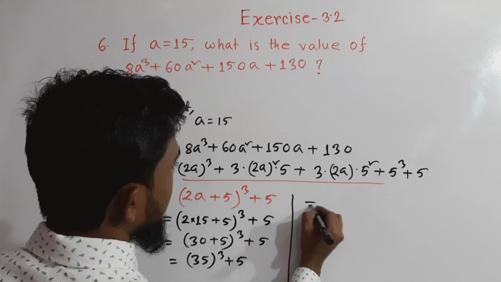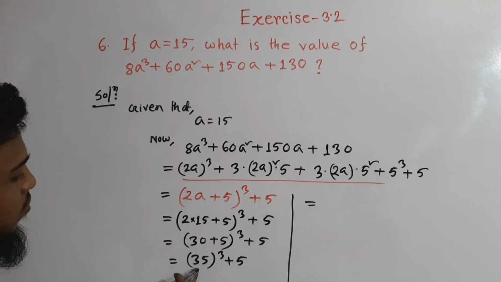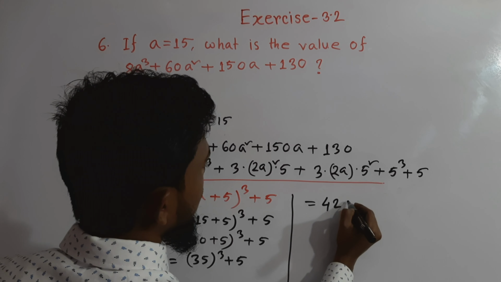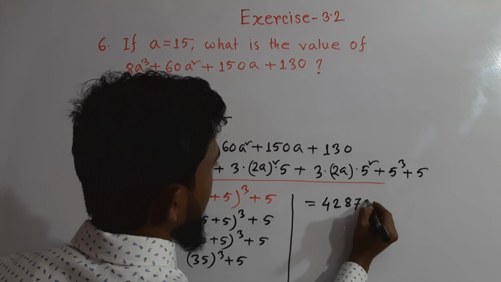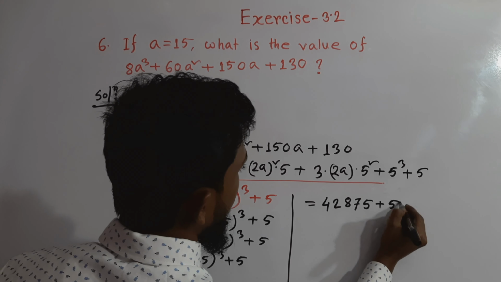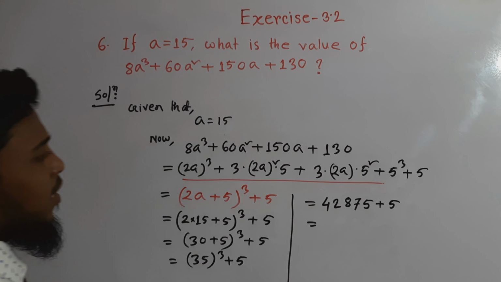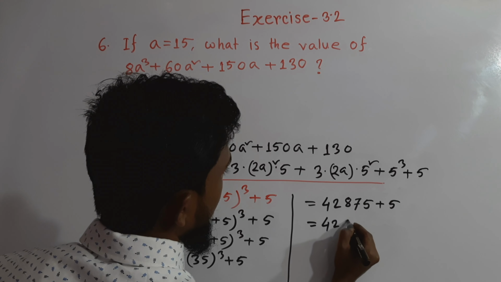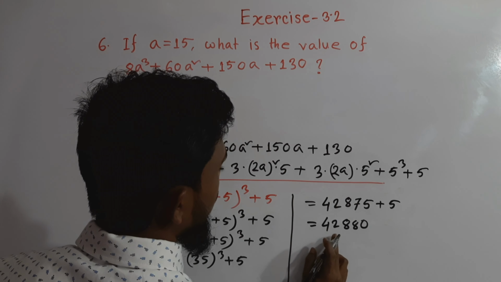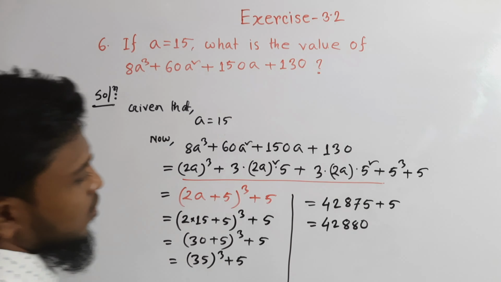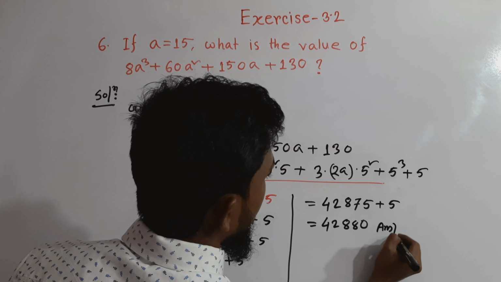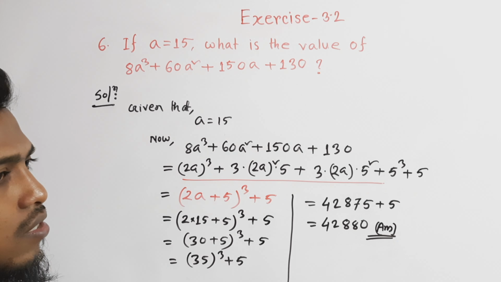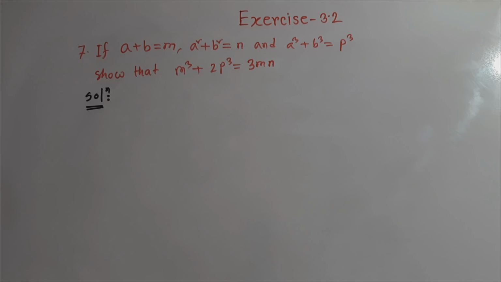Now 35 cube plus 5, if we calculate this expression, we get 42,880. This is our answer. I think, dear student, you understood this calculation very easily.